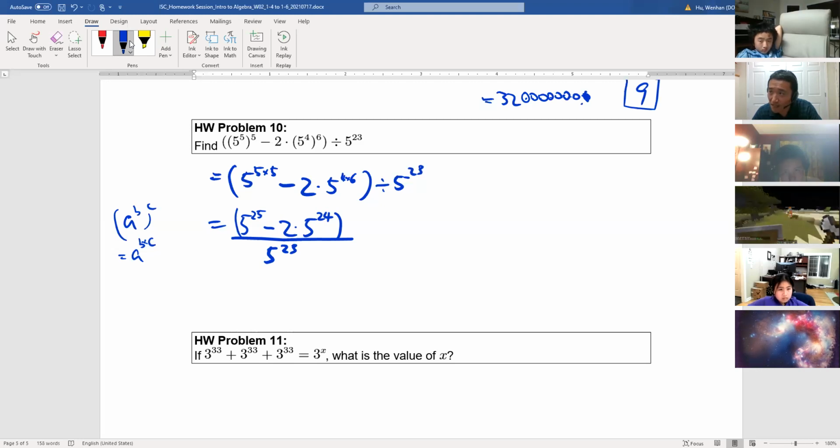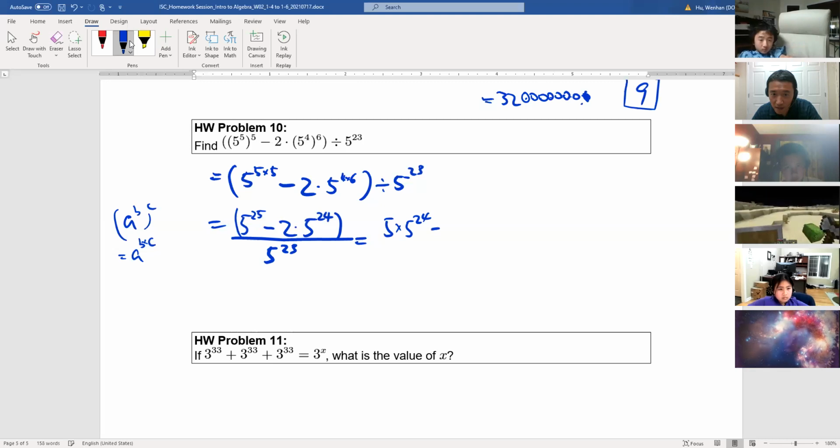Remember, first section we learned last time, we can factor out. This one has a factor of 5 to the 24th, right? Because it is 5 times 5 to the 24th. It combines to 5 to the 25th.